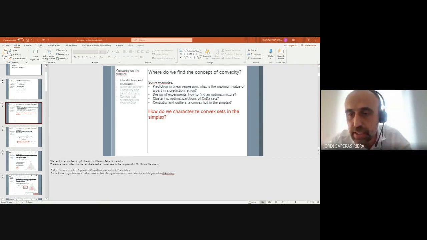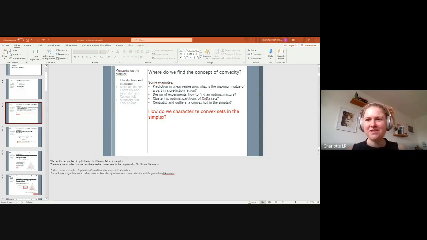So we want to start defining what should be a convex set in the simplex. This is the first part, and now we should progress to studying and characterizing the convex functions in the simplex. But this part is not done. We are working on it. Have I answered the question? Yes, you have. Thank you.